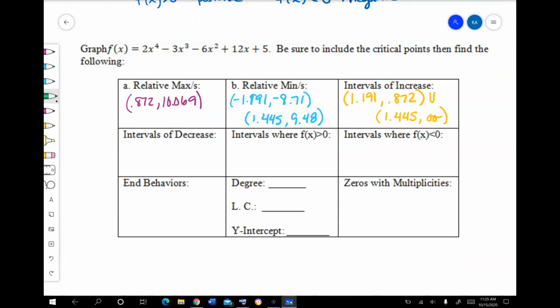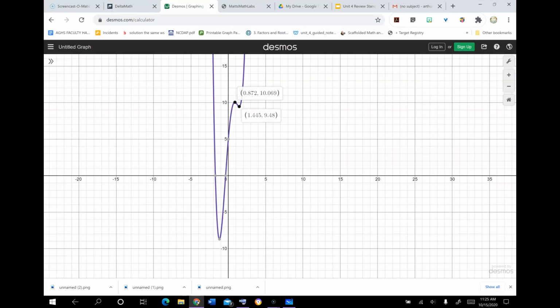So your decrease is where you're going down. So we said we started off decreasing, so I'm decreasing from negative infinity all the way to negative 1.191. This was increasing, but then when I get to the 0.872, I start decreasing again just a little bit, and I go down just from that one to the 1.445. And those are all my decreasing.